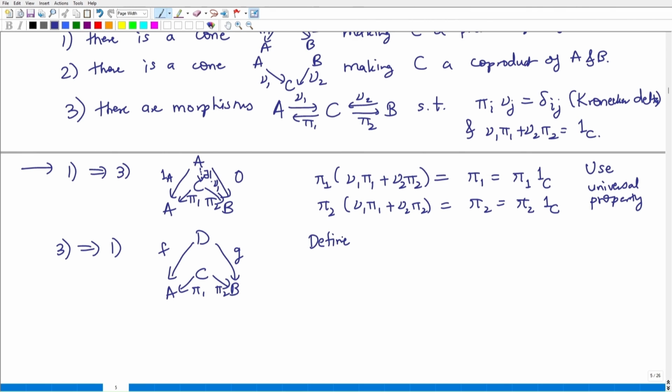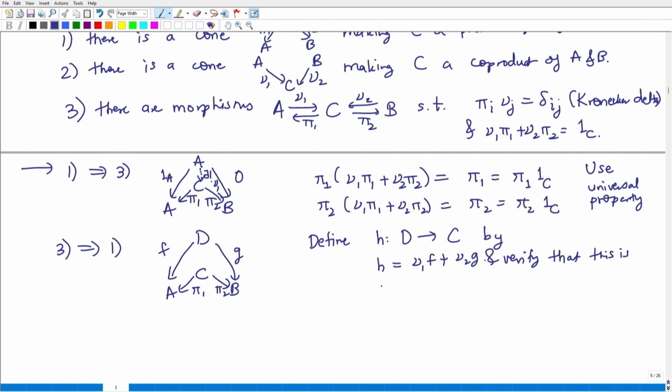No, we are trying to prove that there exists a factorization and it is unique. Yes, so define a map H from D to C by, I mean the only thing that you can do, nu 1 F plus nu 2 G. Okay, then verify that this works, and in addition verify that this is the only solution.